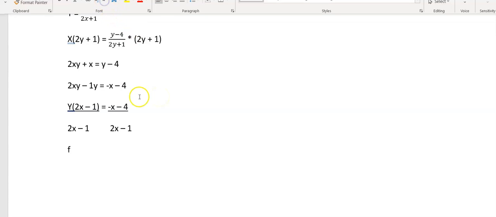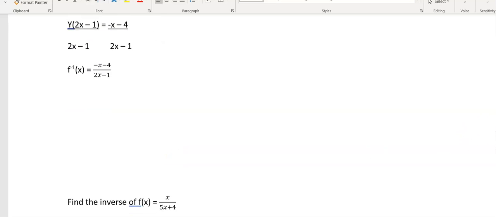So there's our f inverse notation, and then this is our inverse function all over here, and there is our answer. So let's go now to a second example.